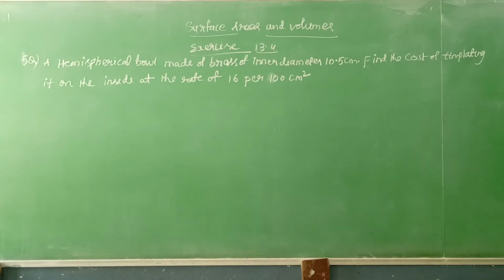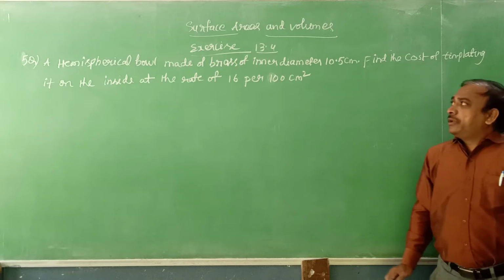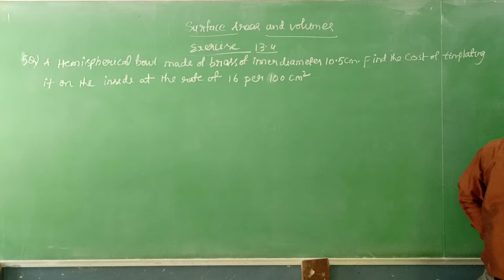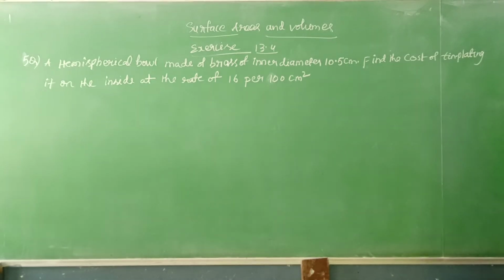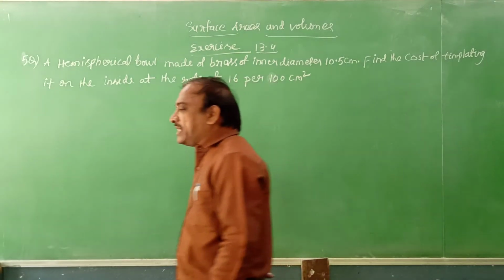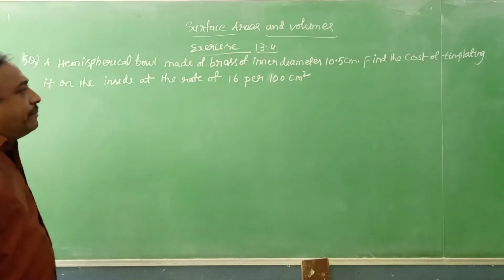Now question number 5. A hemispherical ball made up of brass of inner diameter 10.5 centimeter. Find the cost of tin plating it on the inside at the rate of rupees 16 per 100 centimeter square.